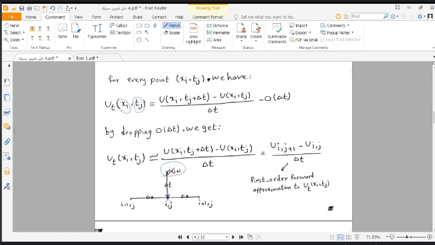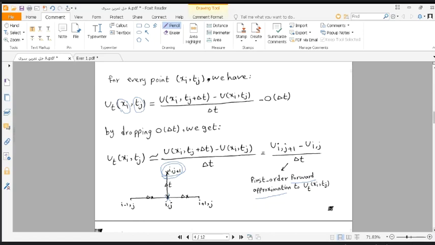I use the next point, it goes forward and does not go back. This formula is the forward formula because we use the next point, not the before point. Okay, it's forward approximation to u_t at x_i and t_j. It's the first formula for u_t.